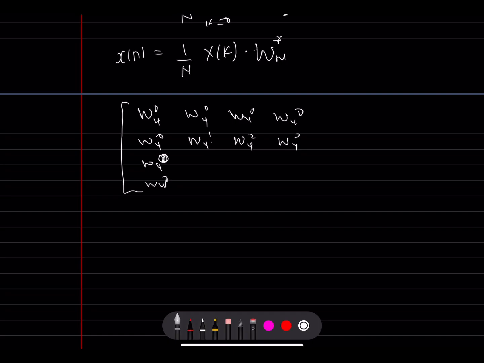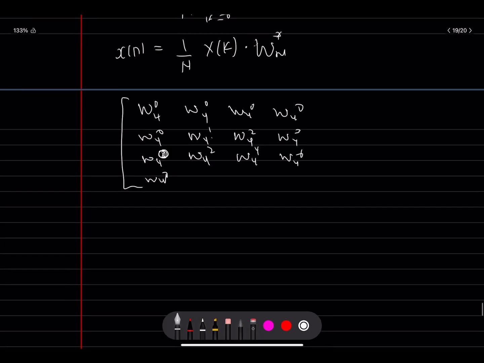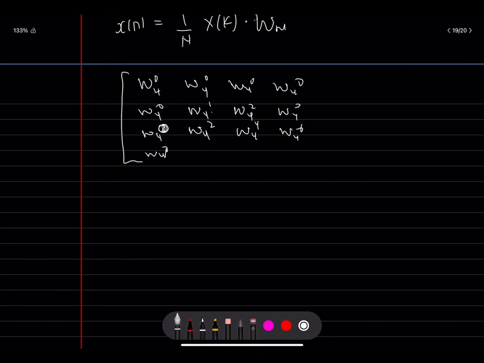The next one is omega 4 of 2, omega 4 of 4, omega 4 of 6. And the next one here is also 0, and we are done with 2, we are coming to 3: omega 4 of 3, omega 4 of 6, and omega 4 of 9. This is how we do it.